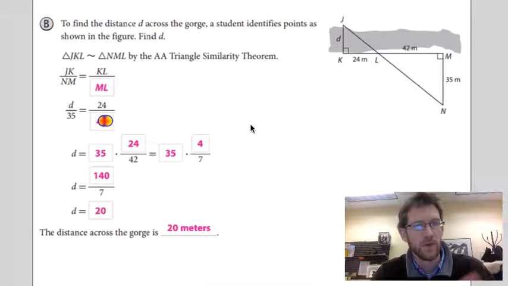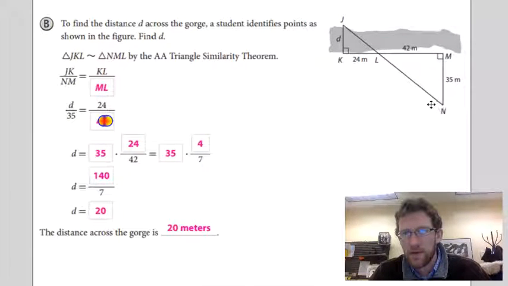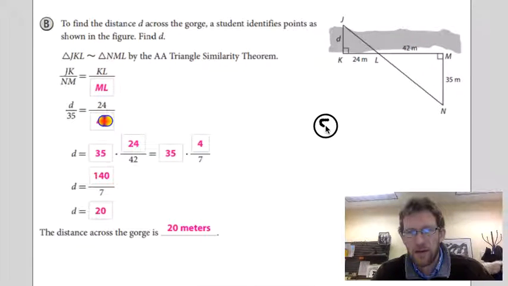And hopefully you come out to 20 meters. But you can also kind of mental math this. What is 42 to 35? Well, if you make that a fraction and divide both the top and bottom by 7, you should be able to figure out that 42 over 35 is the same thing as 6 over 5.